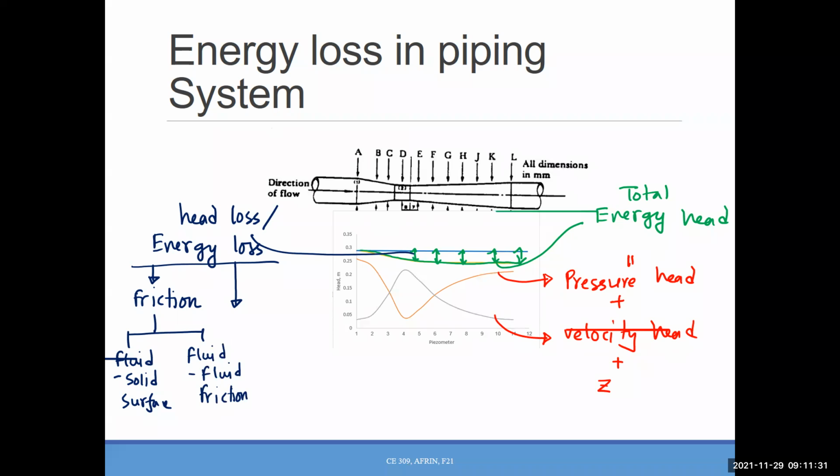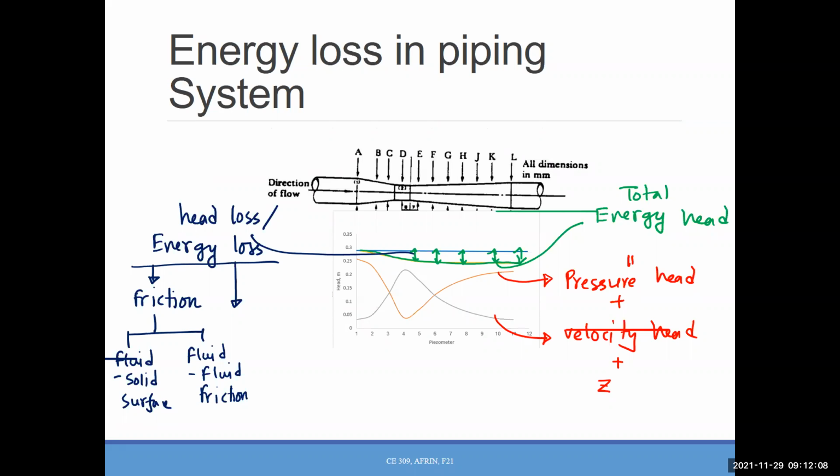Do you think? I'm just giving you one similar example. When you drive a car on a highway and on a local road, on which one can you get more mileage, on the highway or on the local road? Why is that? Because you don't stop that much, right? At the same time, you don't have any sharp bends, because the way they design highways, the direction of the road is very mild, so you don't realize it, right?